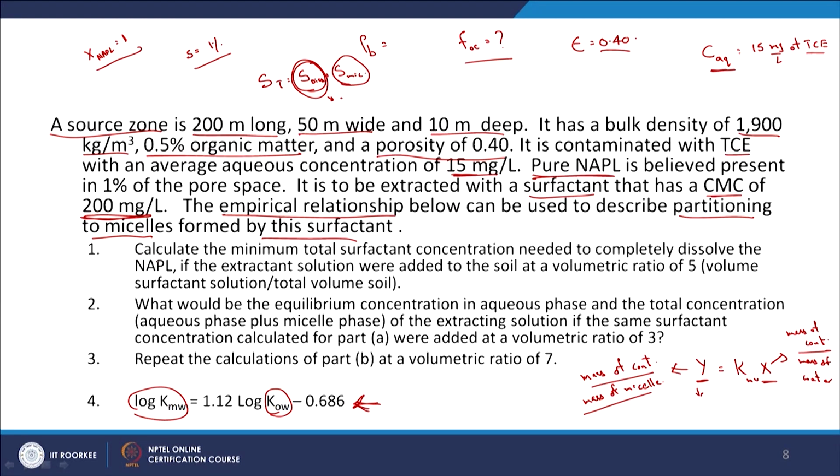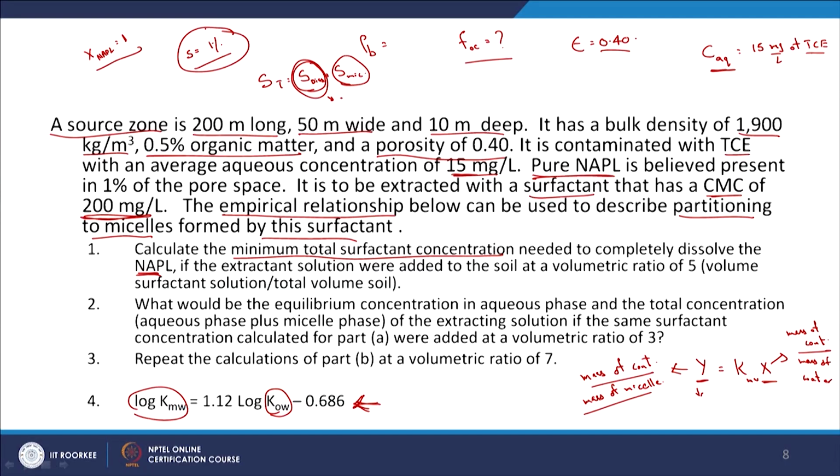First, we need to calculate the minimum total surfactant concentration that we need to completely dissolve the NAPL. We need to come up with the concentration which will lead to all this 1% NAPL completely dissolving if the extractant solution were added to the soil at a volumetric ratio of 5, as in volume of surfactant solution to total volume of soil.